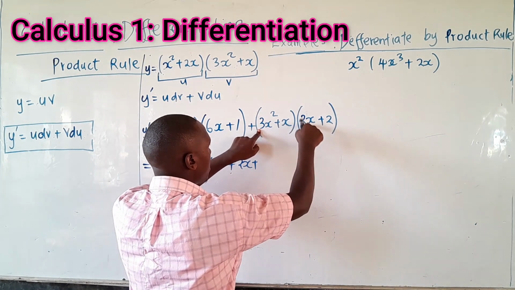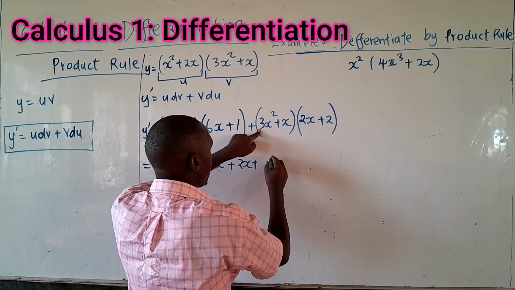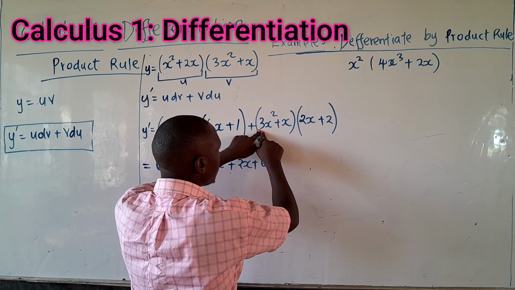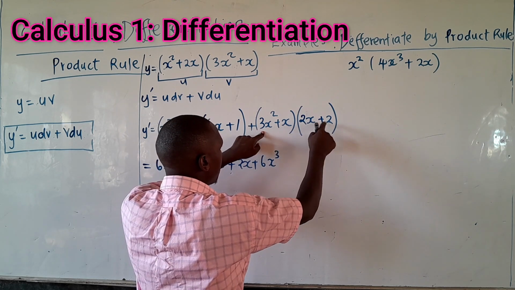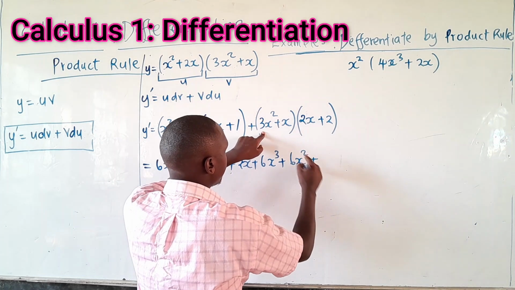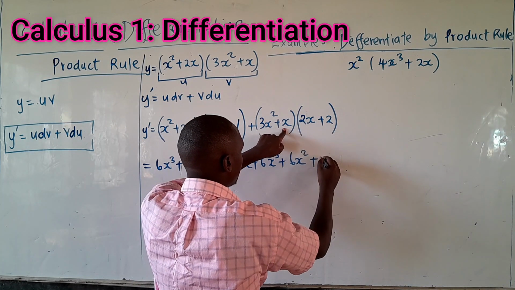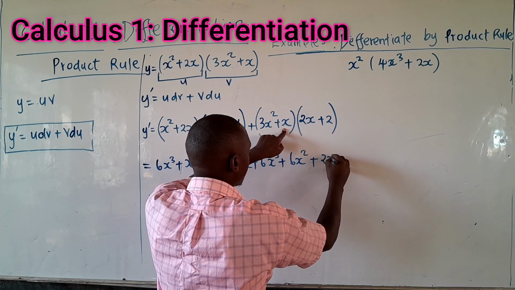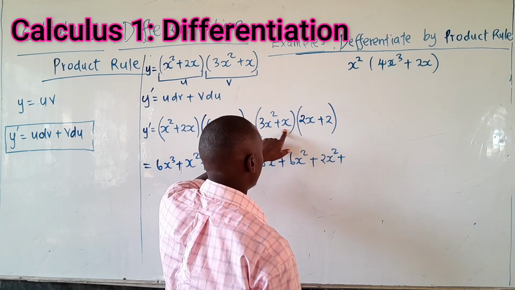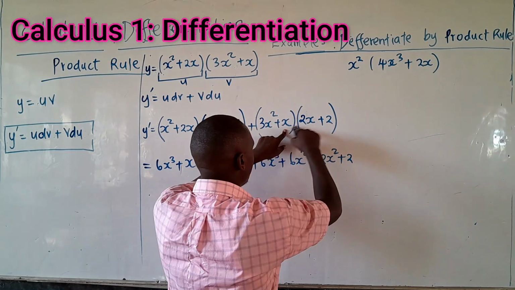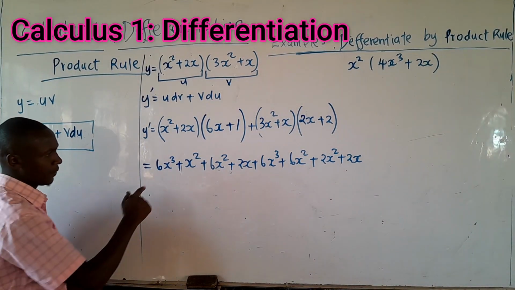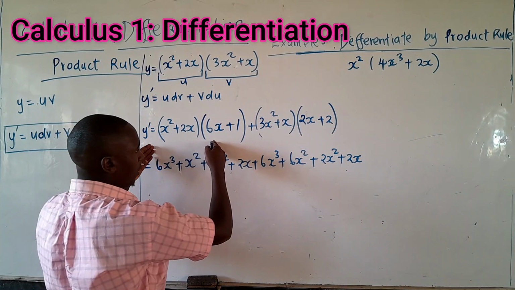So 3x squared multiplied by 2x is 6x cubed, then this multiplied by 2 is going to be equal to 6x squared plus, now x multiplied by 2x is 2x squared plus 2x, because 2 multiplied by x is 2x. Now we can see whether we can simplify it further. I just expanded this.